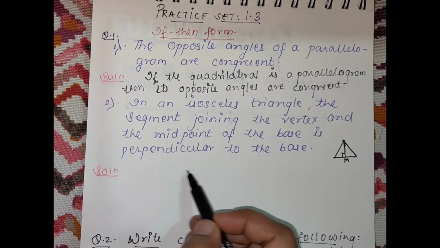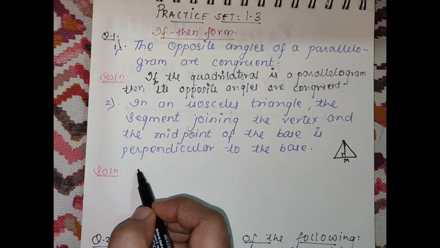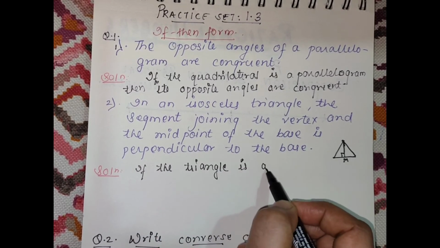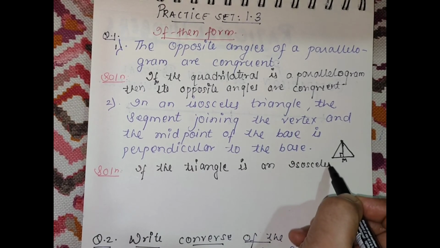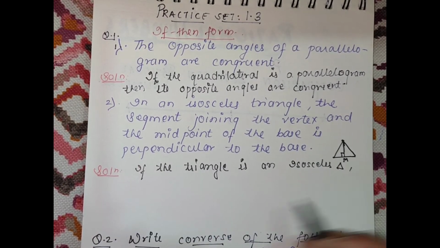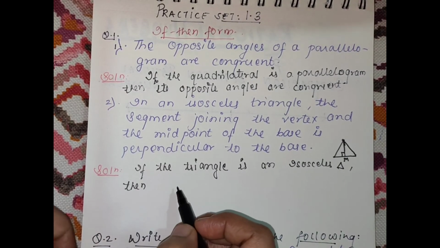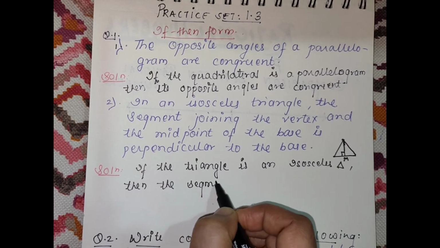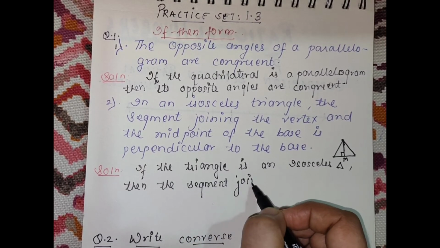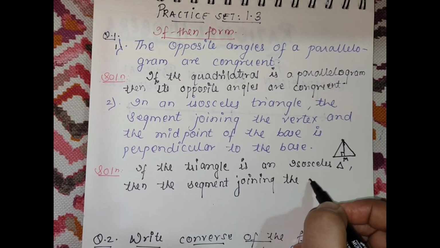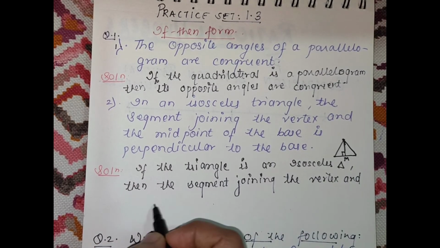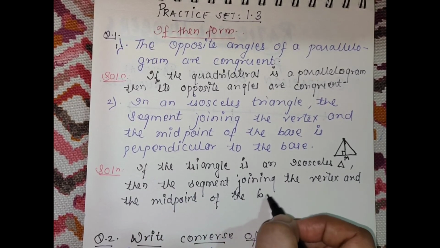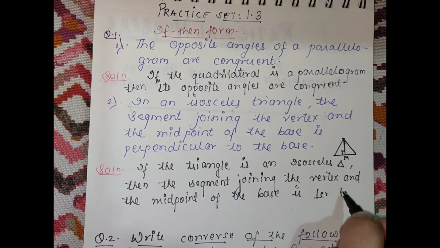If the triangle is an isosceles triangle, then the remaining statement: the segment joining the vertex and the midpoint of the base is perpendicular to the base.